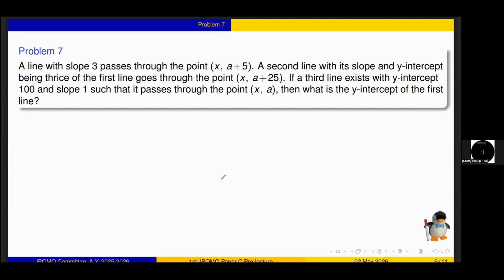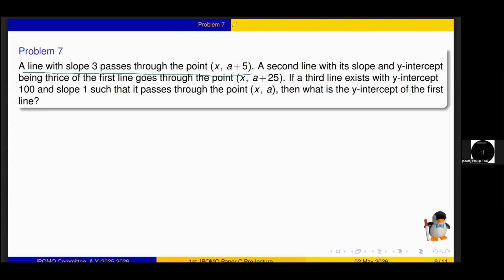So how do you get this? Well, okay. We'd like to translate all of these statements into equations, right? For example, a line with slope 3 passes through the point x comma a plus 5.